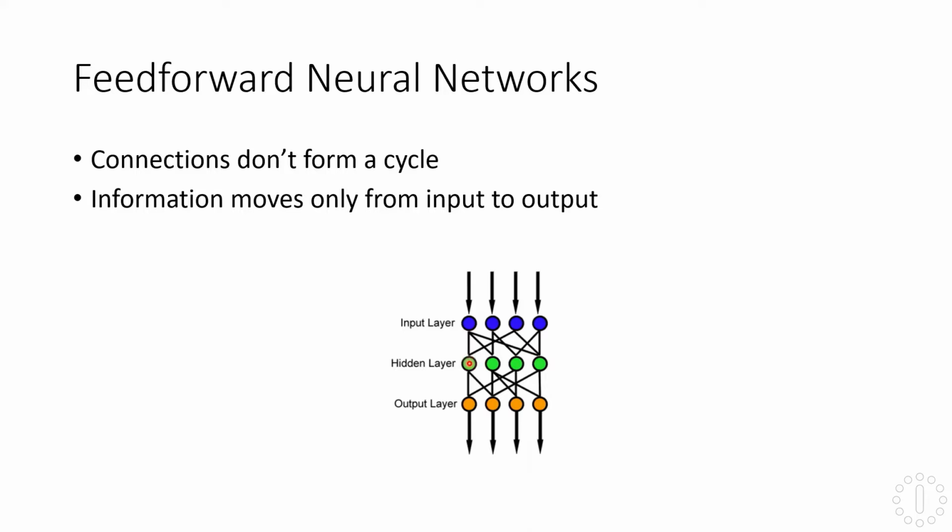We can't have, for example, this node be connected to this node here. In feed-forward neural networks, the information only moves from the input to the output. So it starts here, it goes through the hidden layer. We could have multiple hidden layers, so it can move through them all the way to the output layer.